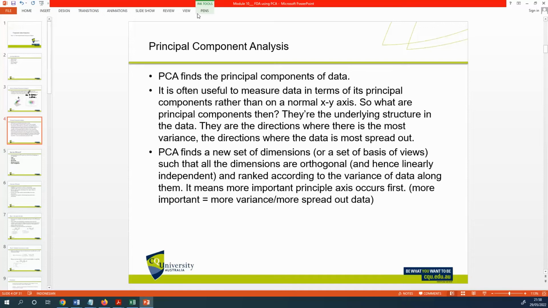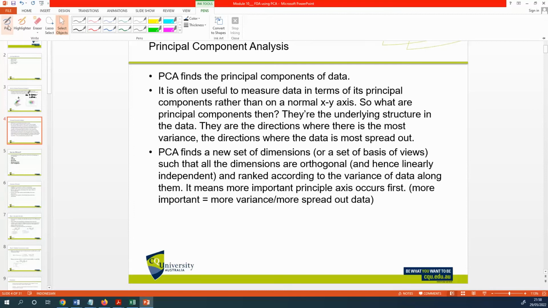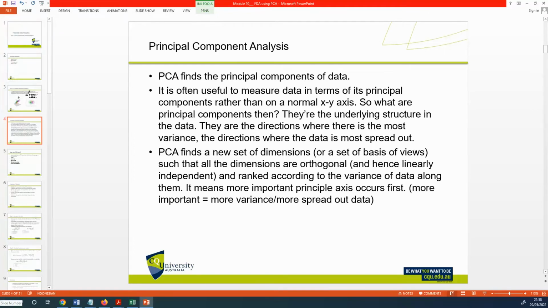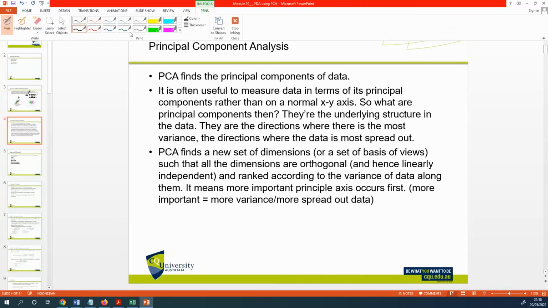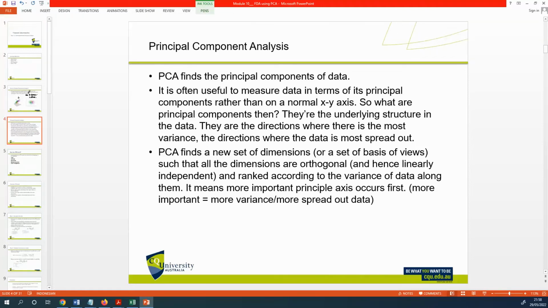So in principal component analysis, we use PCA to measure the data in terms of its principal components rather than a normal X and Y axis.